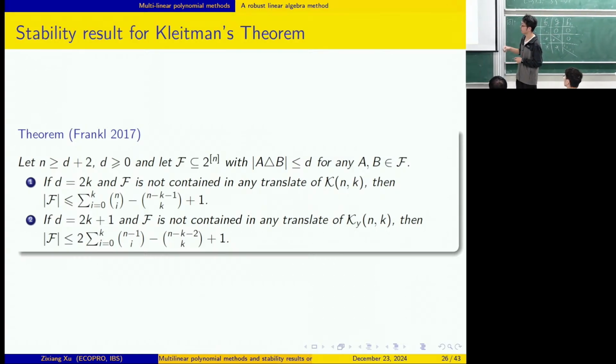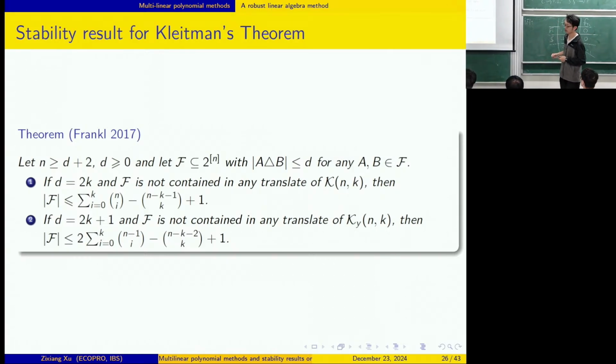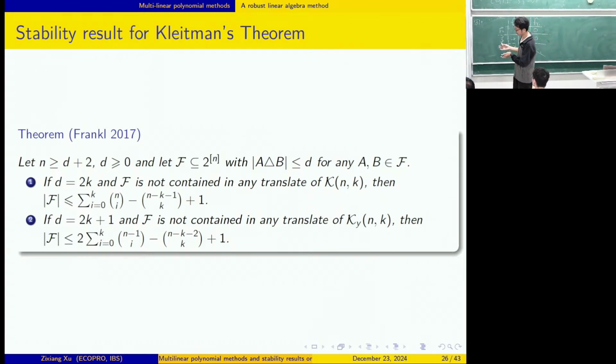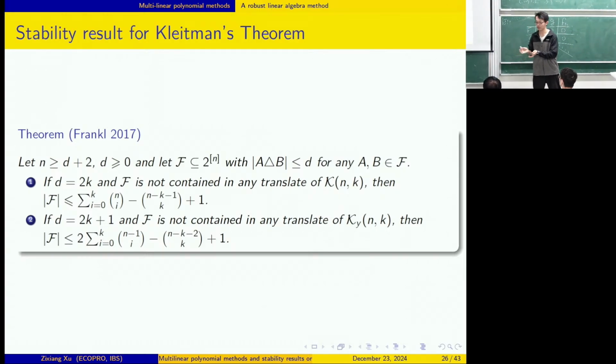It is like the stability result of the EKR theorem: the Hilton-Milner theorem states that if the structure is not a star, then the size is significantly smaller than n minus 1 choose k minus 1.